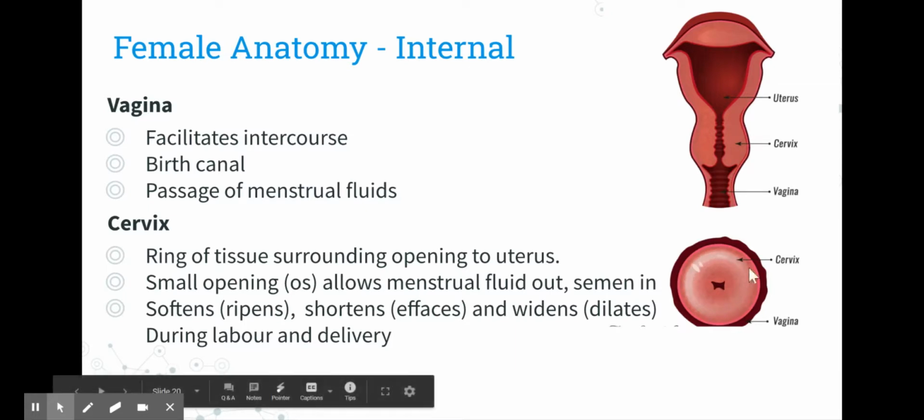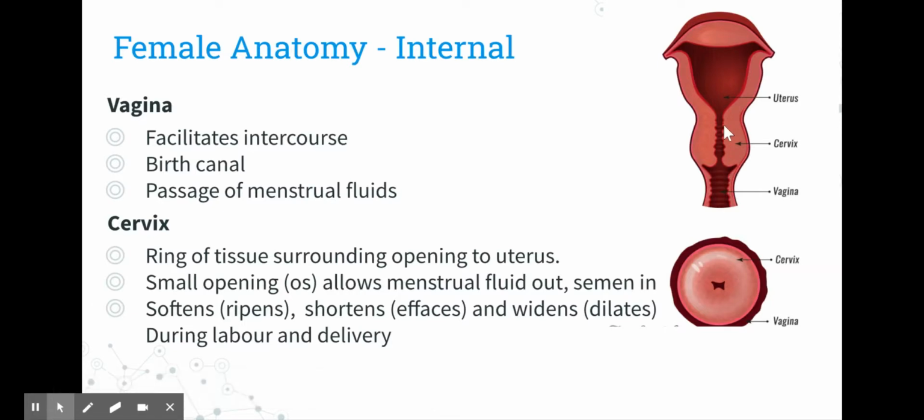As a female who is pregnant approaches labor, the cervix starts to soften, which we call ripening, and shorten. So you can see here, it's quite a long opening, and so that opening gets squeezed down as it widens and dilates to prepare for a wider opening, or os, to allow the baby to exit the body.